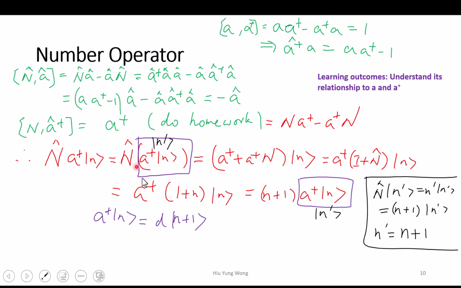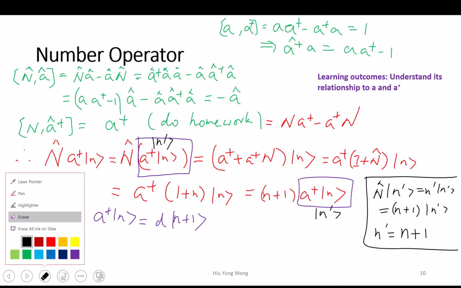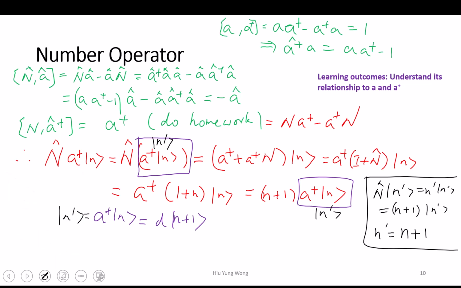Right? So what I'm showing here is that a dagger applied to a new vector, which is n dash, must be n plus 1, this new vector.